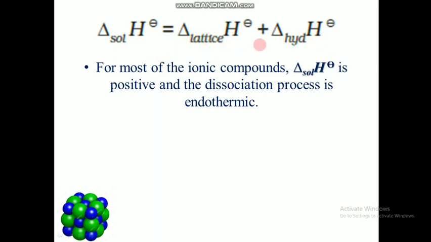And lattice enthalpy is the energy required to break this lattice and form ions, so we need to provide some energy to it, or we need to heat it. Then only will this break down into Na plus and Cl minus ions, as an example.